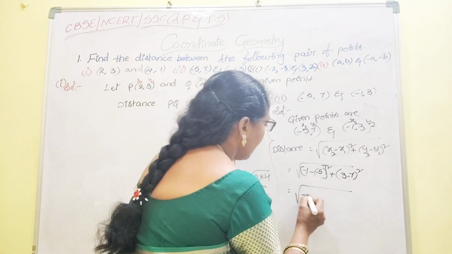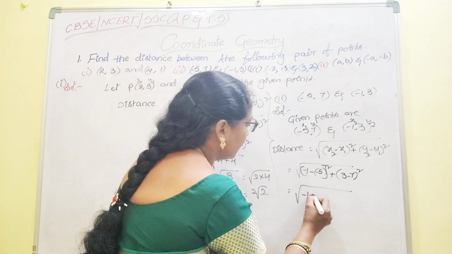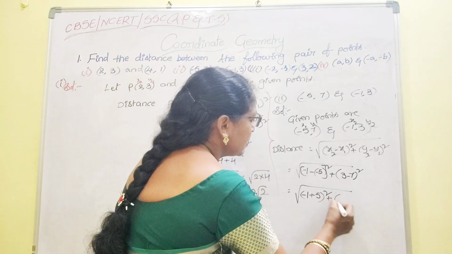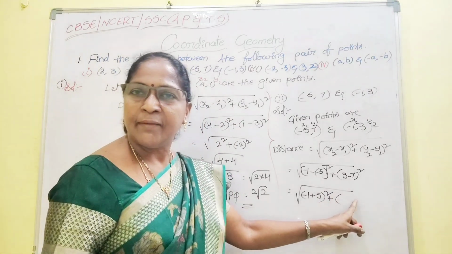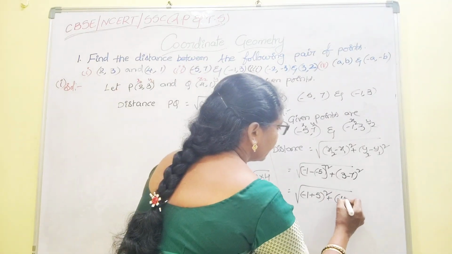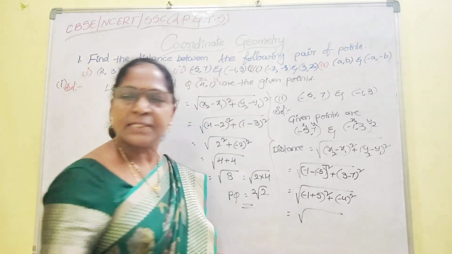Square root of (minus 1, minus into minus plus 5) whole square plus (3 minus 7), where 3 minus 7 equals minus 4, whole square. That equals square root of (minus 1 plus 5) whole square.